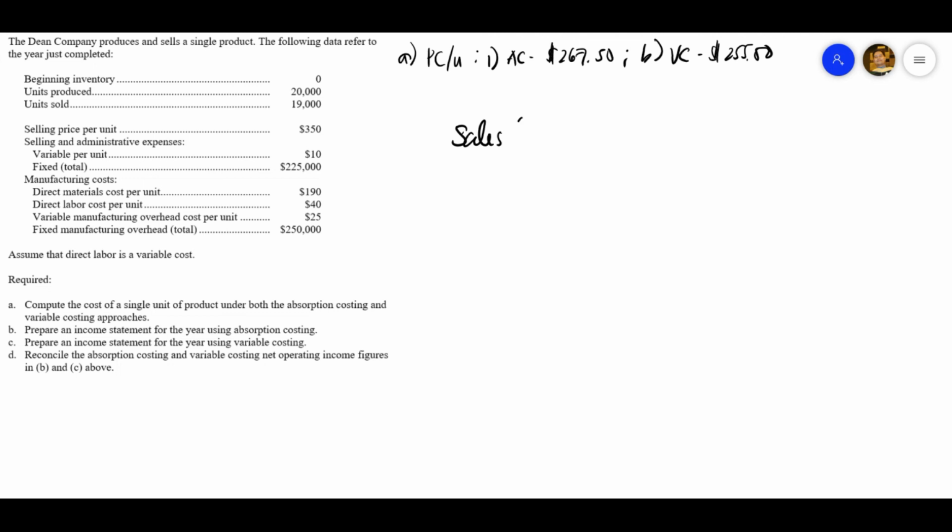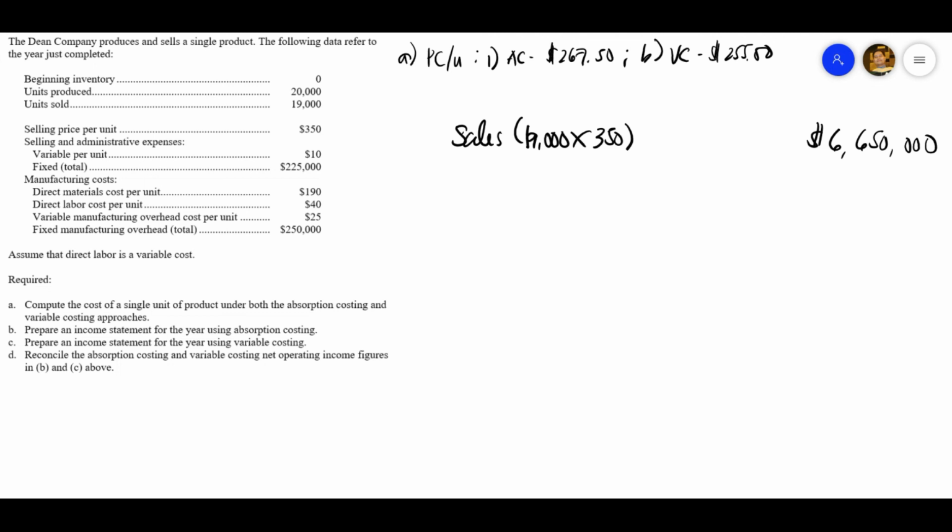Again, it's your units sold of 19,000 multiplied by your selling price per unit of $350, and it will give us a value of $6,650,000.